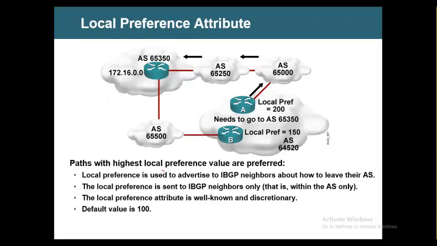Local preference is another attribute. See, this attribute is local to the autonomous system. You need to understand this very well. There is a number called local preference that we have as an attribute. This number, if it is bigger, is more preferred.